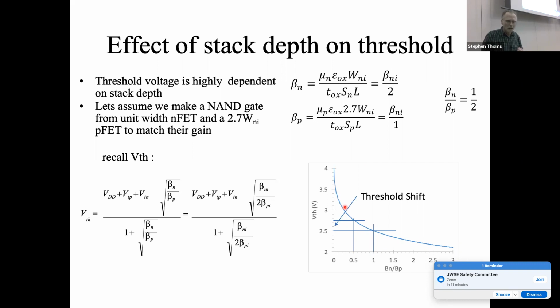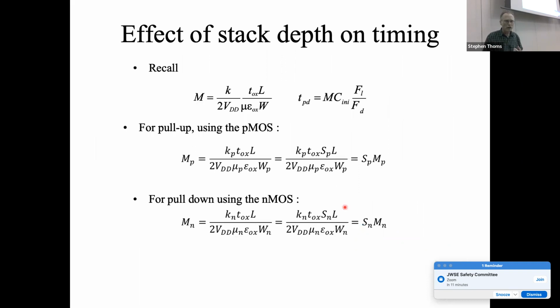So threshold shifts are undesirable. So just remember what happens. So you have some impedance M, and the timing is basically M times the capacitance and the ratio of relative fan out FL over FD. So if you look at the PMOS, and that gives you your pull-up time, you get stack depth of P times the impedance MP.